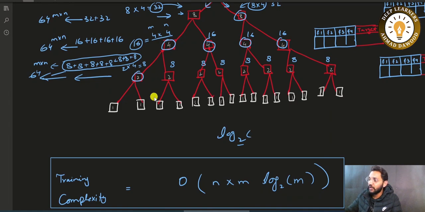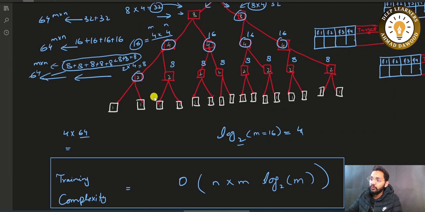The number of samples we have is m equal to 16. By that we can check how many levels are in our decision tree. So at each level we are checking 64 values.